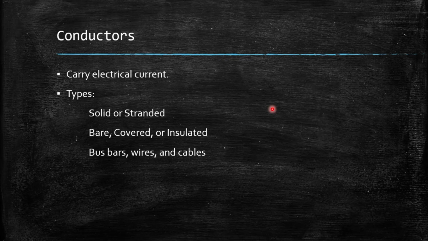Conductors, on the other hand, are materials that carry electricity. They can be in the form of solid or stranded, bare, covered, or insulated, made into bus bars, wires, or cables. Each type has specific applications depending on current load and safety requirements.